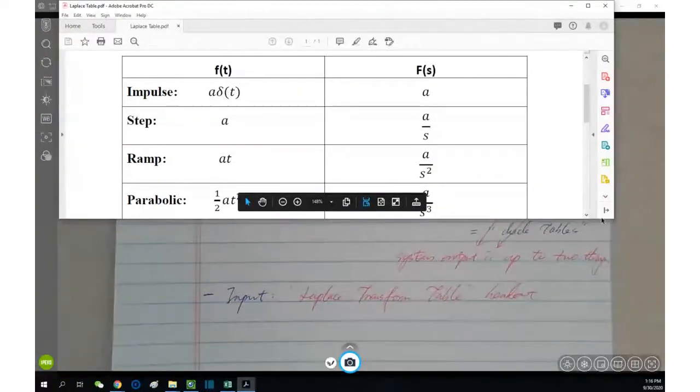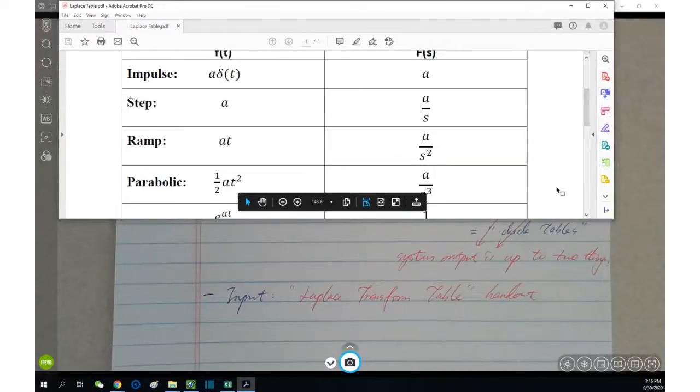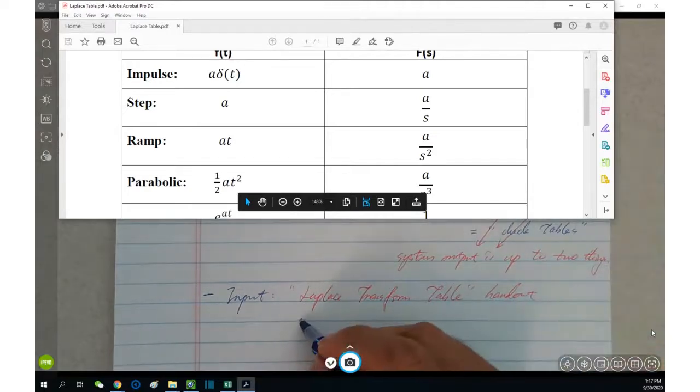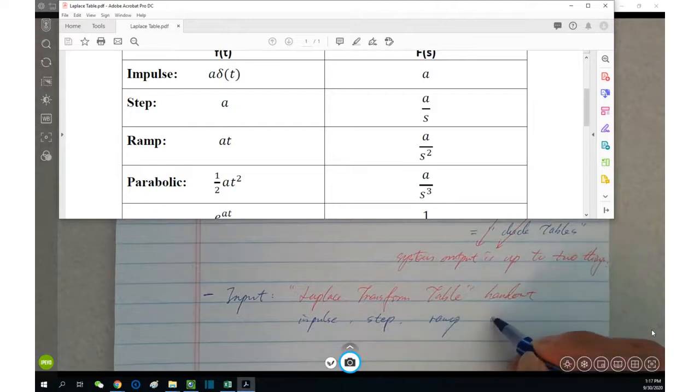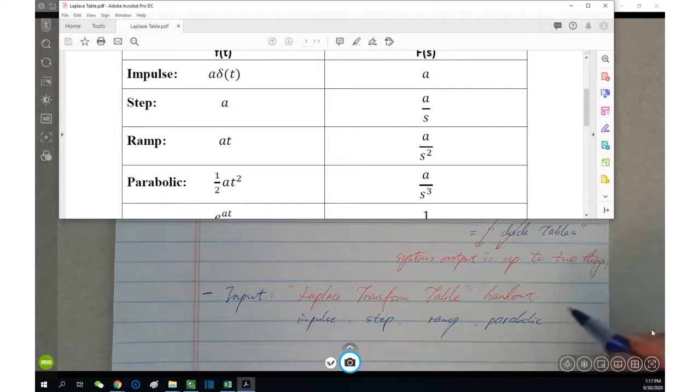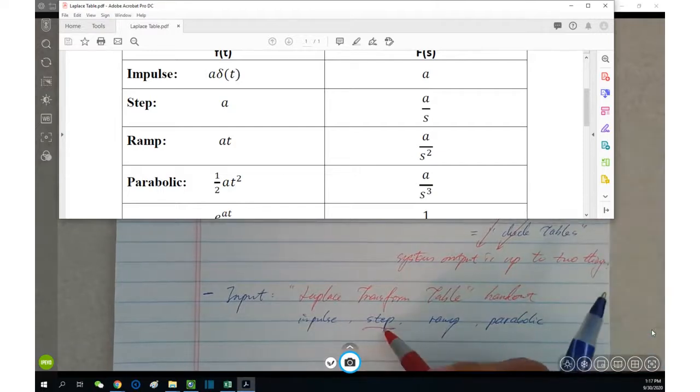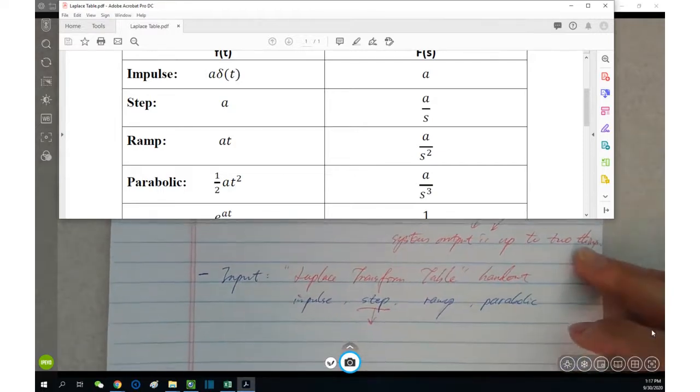Most of the time, we are using the second one, the step.